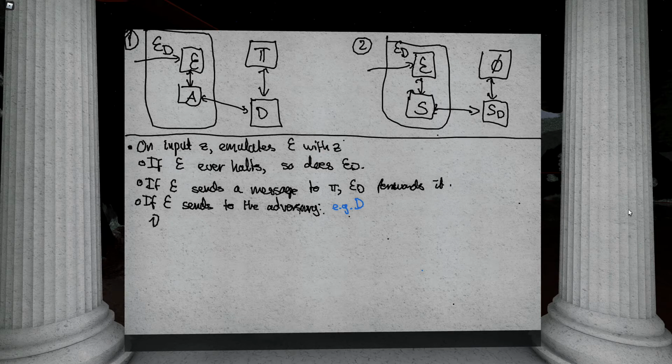So the first thing we do in this case is ED emulates A with the same message, the same input. And once it's emulated A, then A might want to talk to the protocol, in which case, whatever message it generates, it forwards it to the adversary.